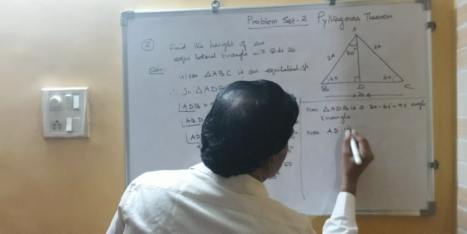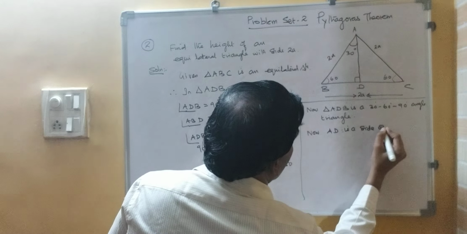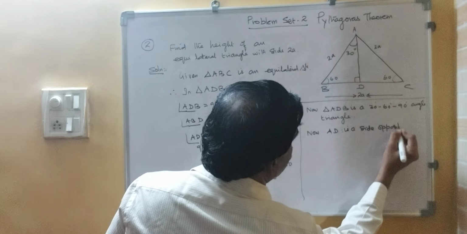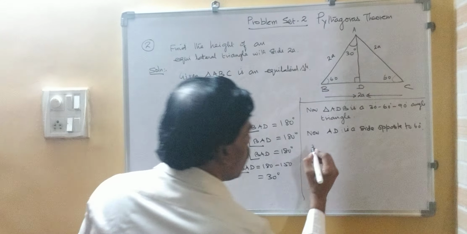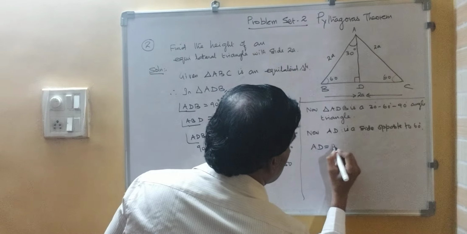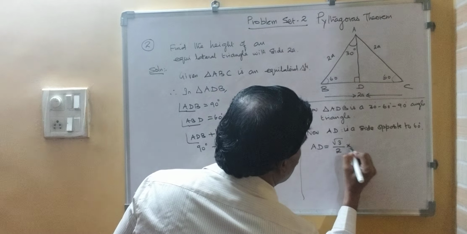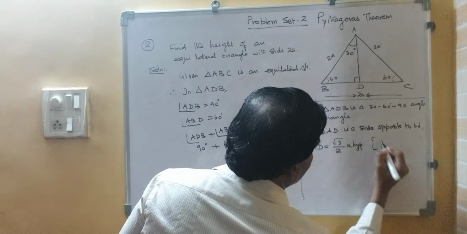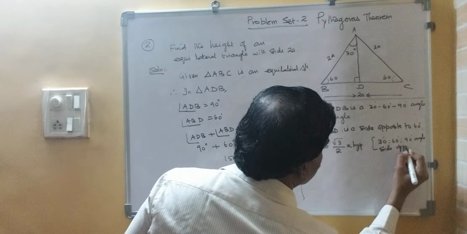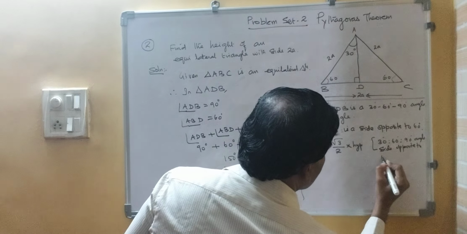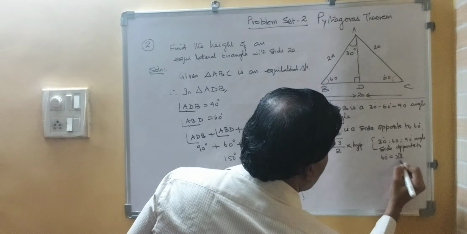AD is a side opposite to 60 degree. So, AD equal to, what is the formula? Root 3 by 2 into hypo. 30, 60, 90 angle theorem. That means side opposite to 60 degree equal to root 3 by 2 into hypo. Okay, this is the formula.